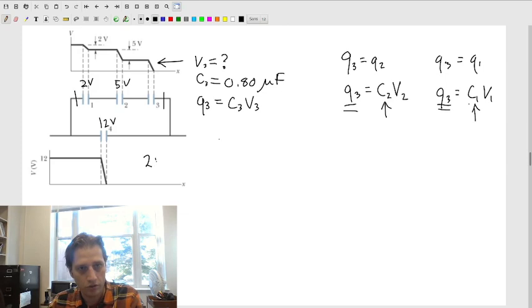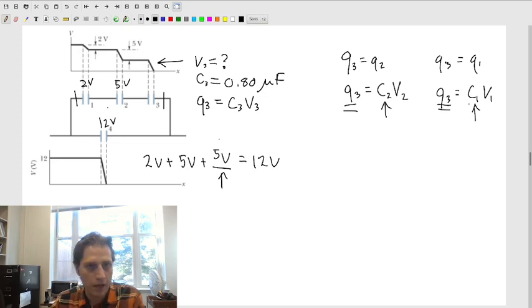Well, 2 volts plus 5 volts plus that extra thing equals 12 volts. What does that have to be? Well, this is 7. Take 12 minus 7, and you'd have to have an extra 5 volts. Okay? So, we know now that this is not a question mark. This is 5 volts.